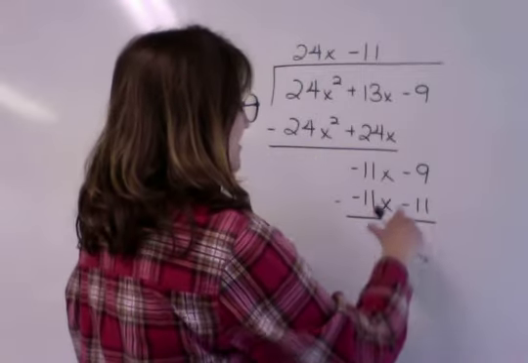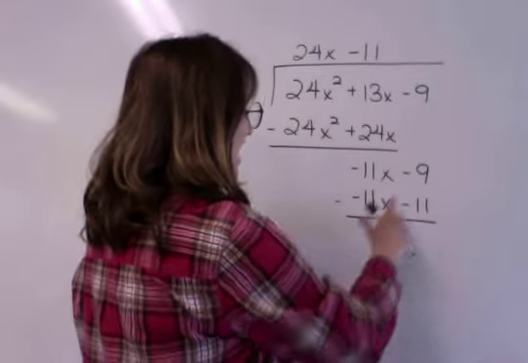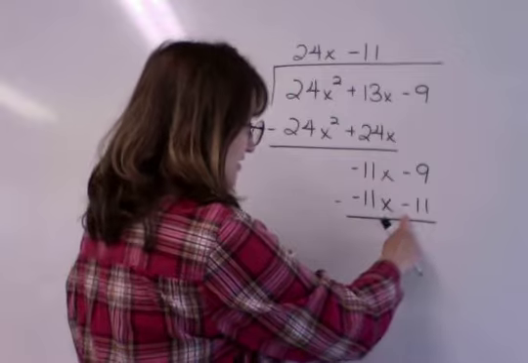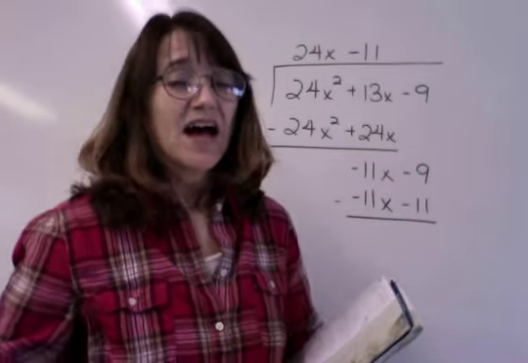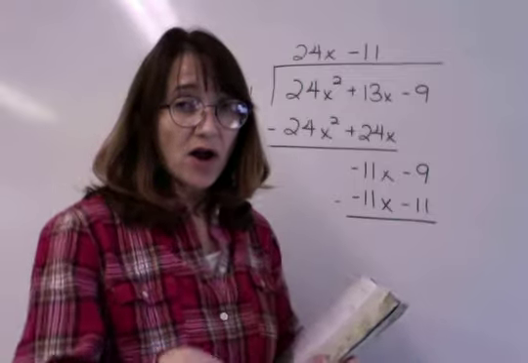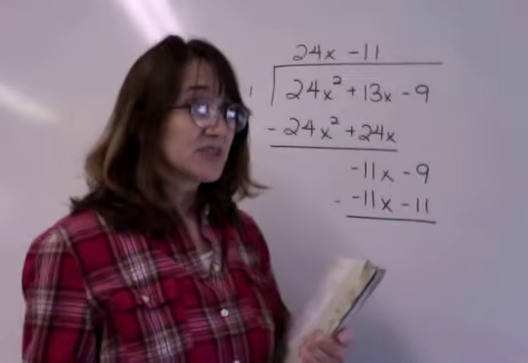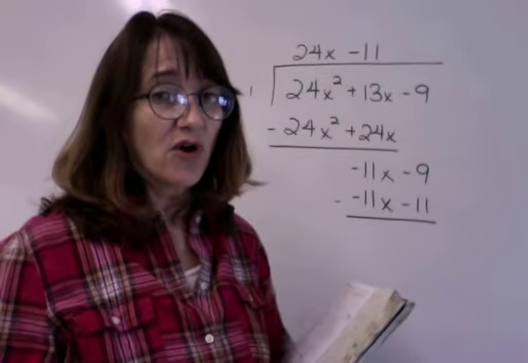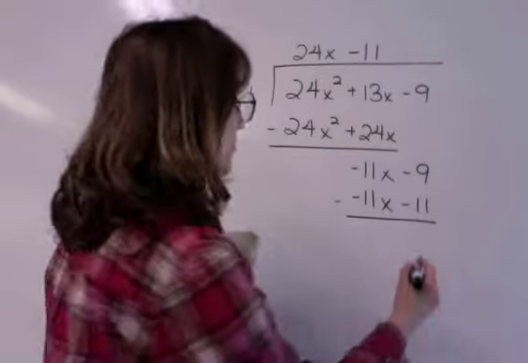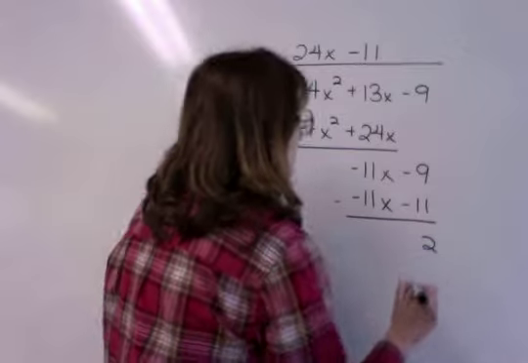Right here, if I have a negative 9 and I'm subtracting a negative 11, that would be a negative 9 adding a positive 11, or adding the opposite, which means the signs aren't the same. I subtract and I take the sign of the larger absolute value number. What I would have left is a 2.